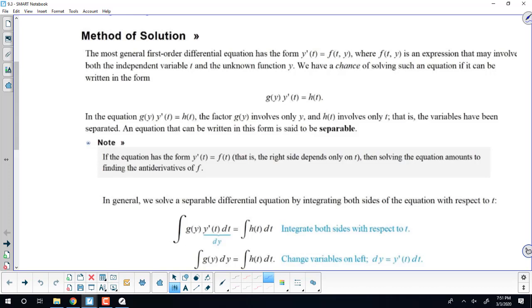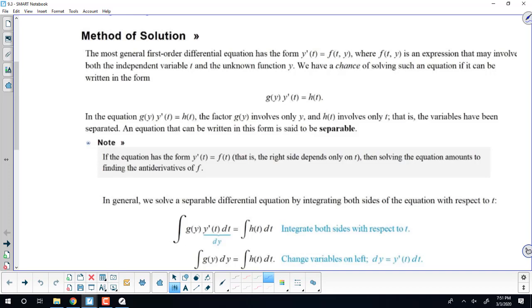Okay. So the method of separation here, with our generic differential equation, is g of y times y prime equals h of t. So you have some function of y times the derivative of a function with respect to t equals another function of t.